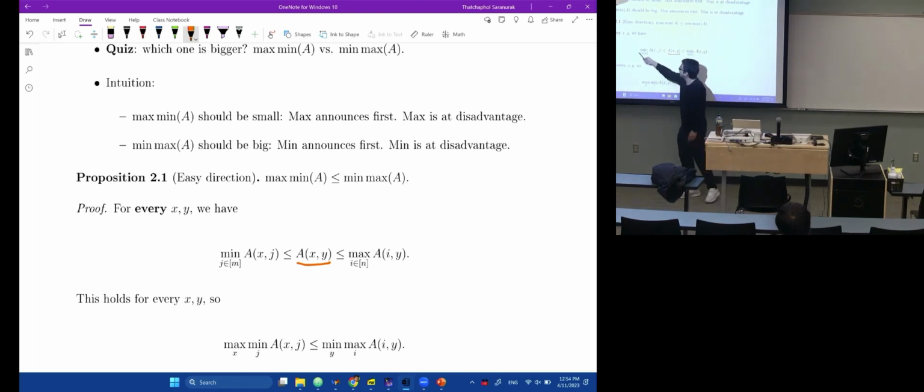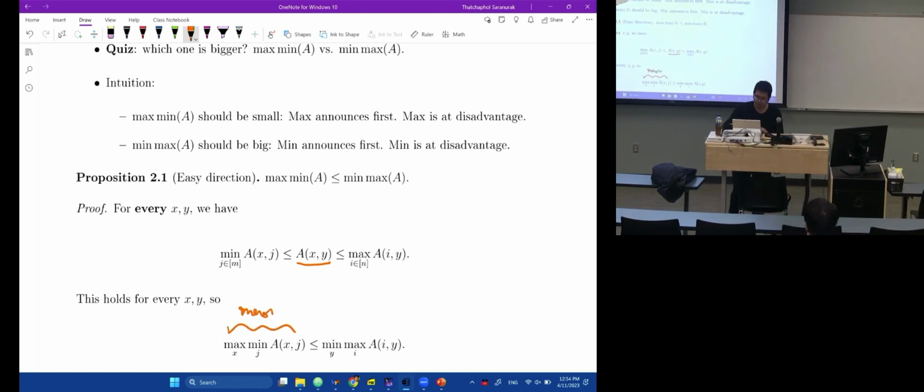So here I can just maximize over all x. On this side, I can just minimize over all y. It's still going to be true for every x and y. But what is this? It's just max min of A, and this is min max of A. So max min of A is at most min max of A.